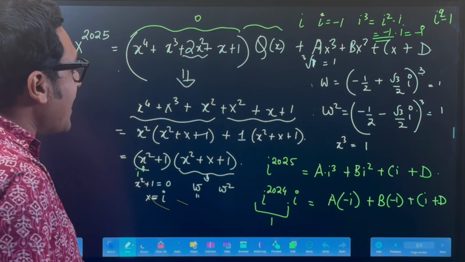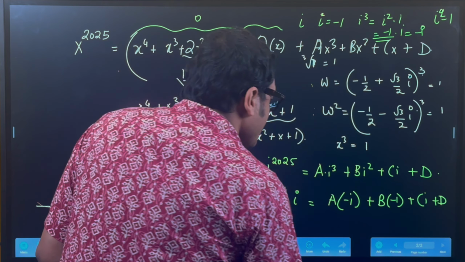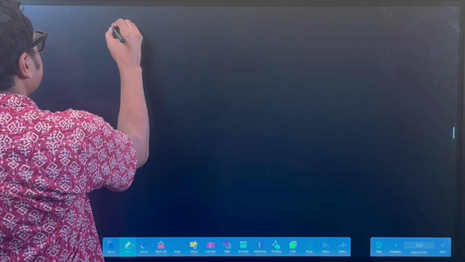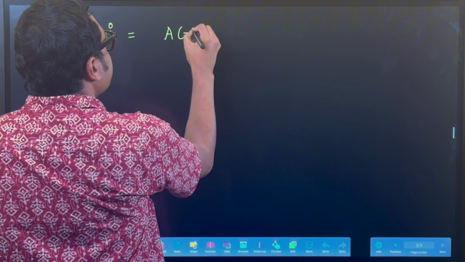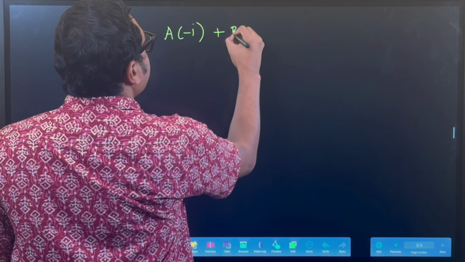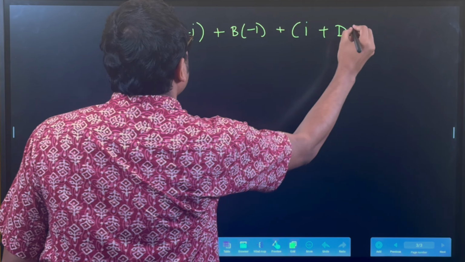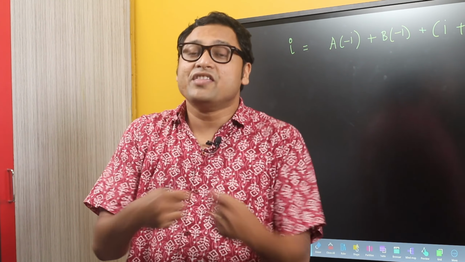Okay, so we are done with the first part almost, because let me write it on a different slide. So this is i equals A times minus i plus B times minus 1 plus C times i plus D. Let's isolate the imaginary part and the real part.